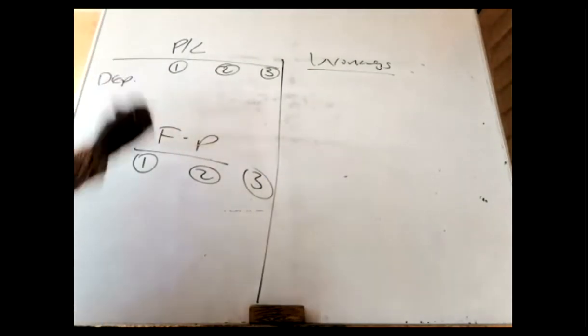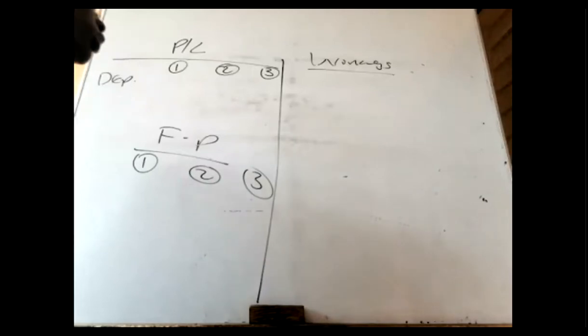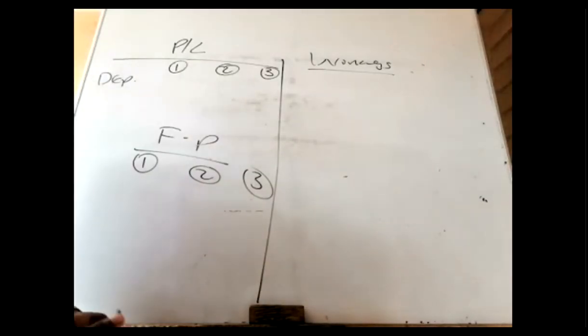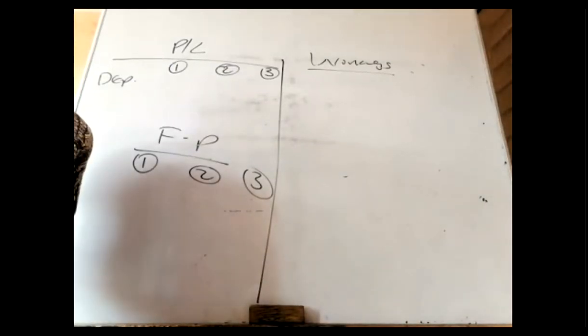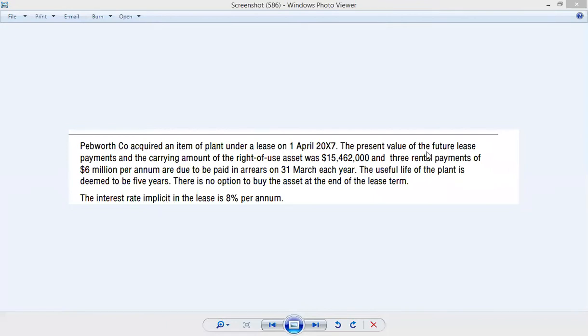depreciation. The first work is to determine the right of use, which is the same as the present value of the minimum lease payment. Checking the present value from this particular question, the present value of the future lease payment and the current amount of right of use is 15 million. So it has been calculated already, there's no need for us to find it again. Go straight forward and use it.